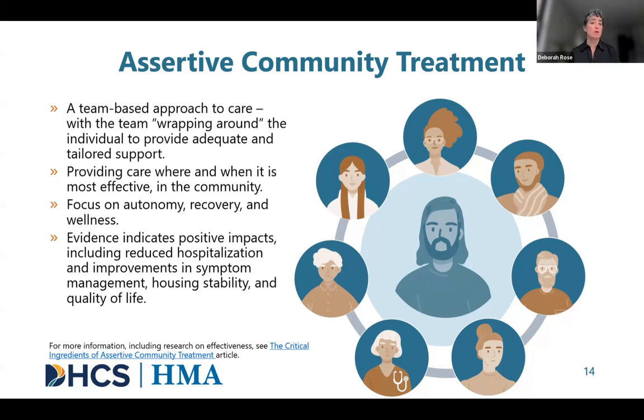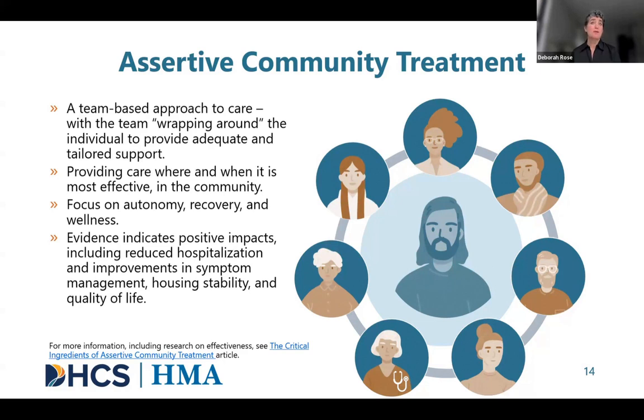Services can be provided 24/7. Most services are, of course, occurring on weekdays and weekends during traditional business hours, but services are available after hours for routine care and for an emergency response. Really, an ACT team, which again is this SAMHSA recognized EBP model, is based on high touches by multiple members of the ACT team.